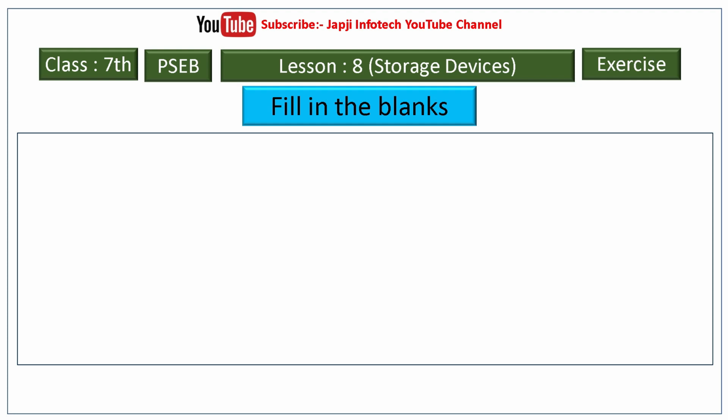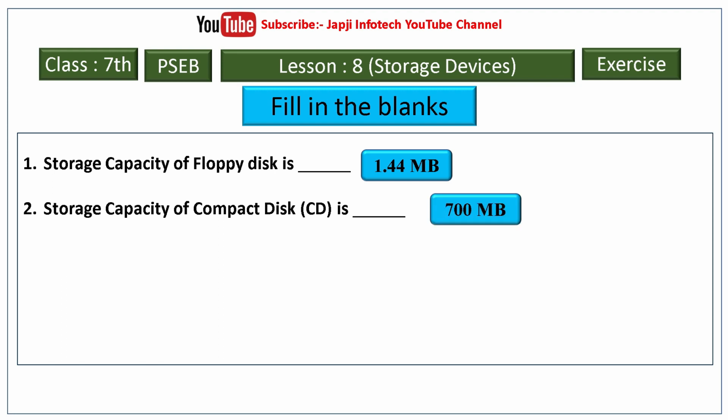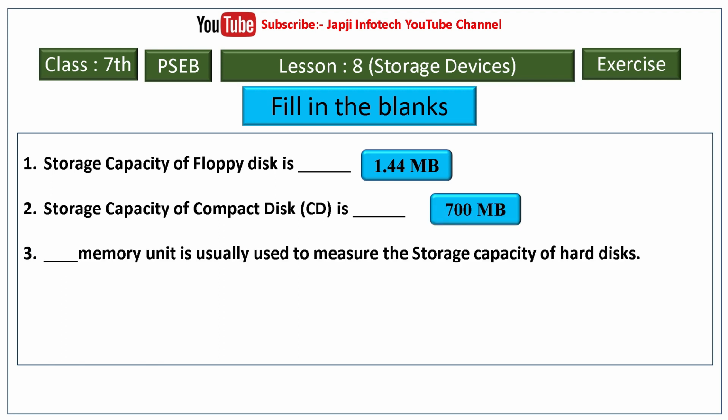So now we will learn about fill in the blanks in lesson number 8. The first one is: the storage capacity of a floppy disk is dash. The right answer is 1.44 MB. The second one is: the storage capacity of a compact disk is dash. The right answer is 700 MB. The third one is: dash memory unit is usually used to measure the storage capacity of a hard disk.